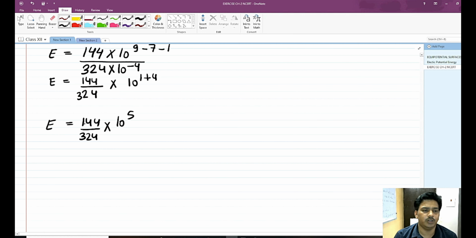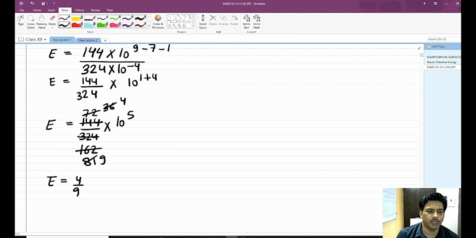Now we cancel it out. 2 sevens are 14, 2 twos are 4, 2 sixes are 12, 2 ones are 2, 2 sixes are 12, 2 twos are 4. Now it is 36. Now 9 fours are 36, 9 nines are 81. So E is equal to 4 upon 9 into 10 to the power 5.